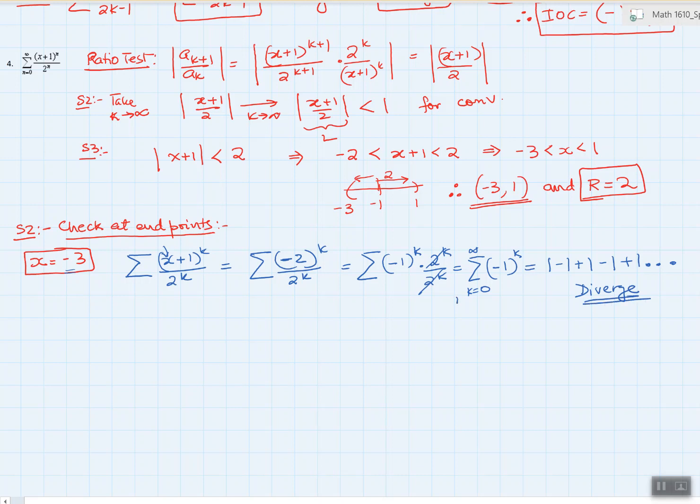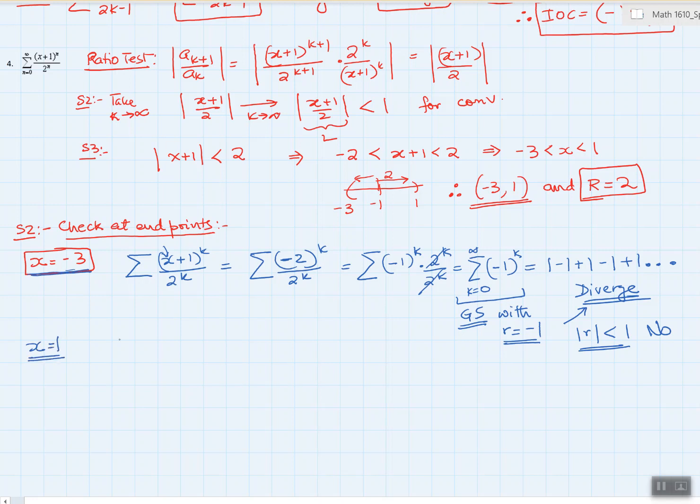Another way to see it is that this is a geometric series with r as -1. Now if r is -1, then it is obviously going to diverge, because for convergence the absolute value of r must be less than 1, and we don't have that. Okay, so at -3 we have divergence. Let's go to the other point.